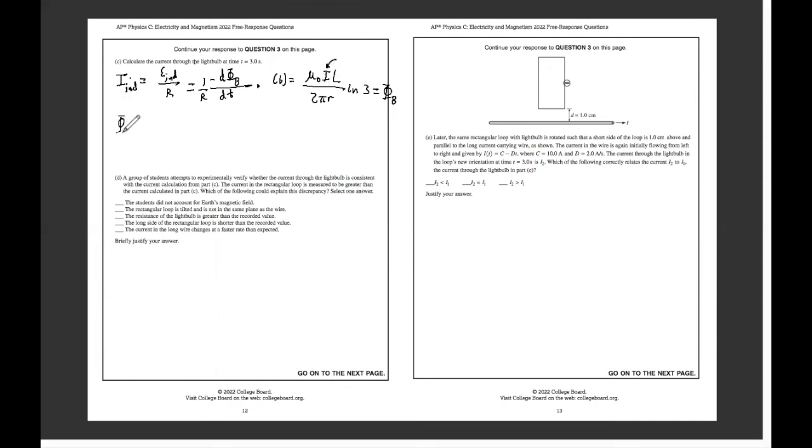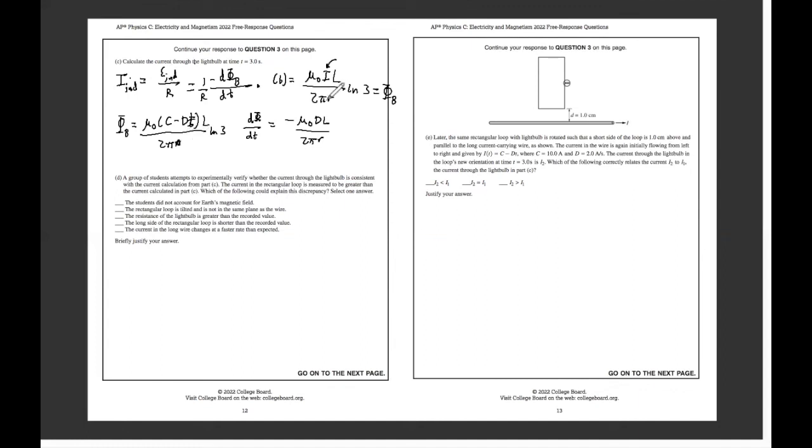So I can write this out as mu naught (C minus D t) L over 2 pi ln of 3. Now, if I take the derivative of that with respect to time, the C goes away and I'm only left with negative D. So it's negative mu naught D L over 2 pi.